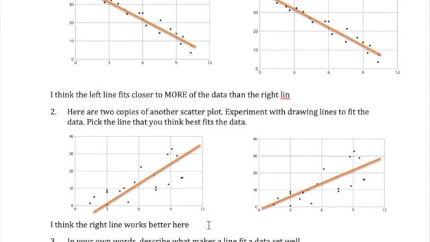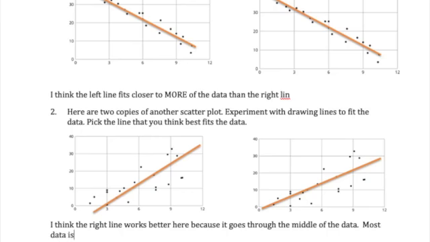So it works better here because it goes through the middle of the data. Most data is relatively close to the line, and the other line has more points that are farther away from the line.